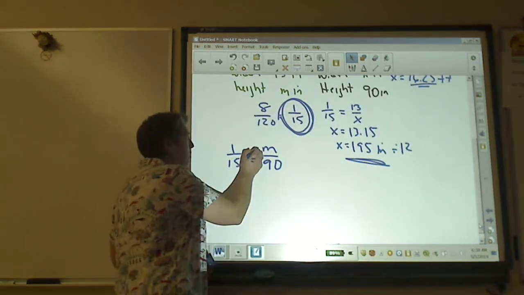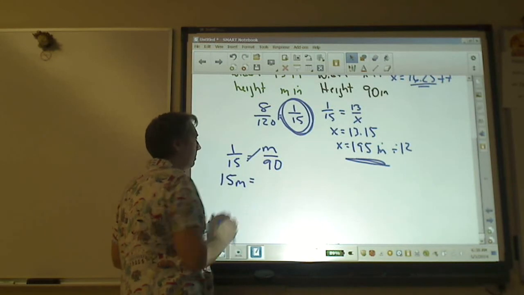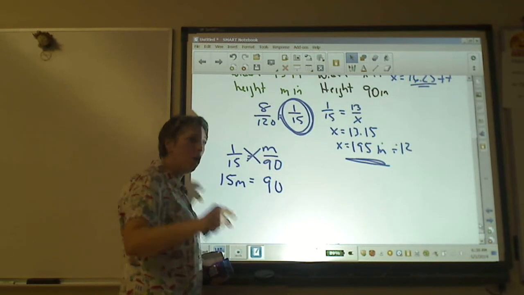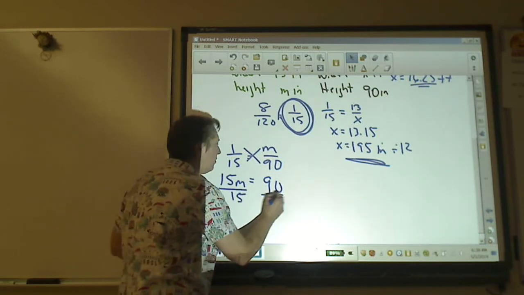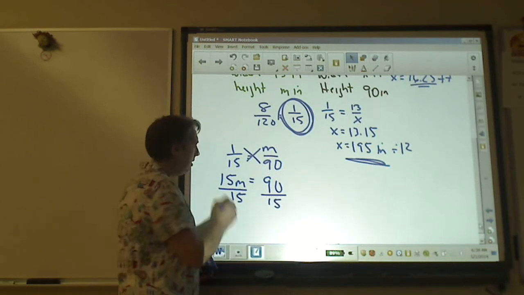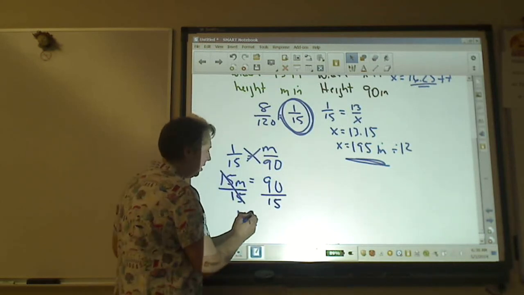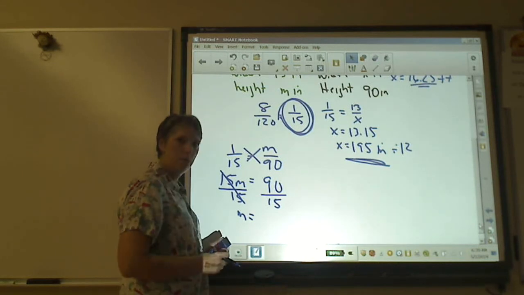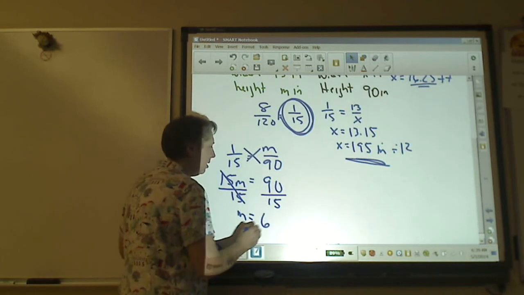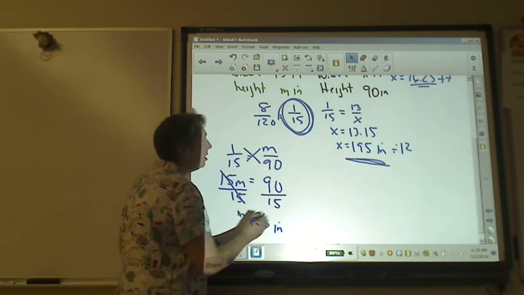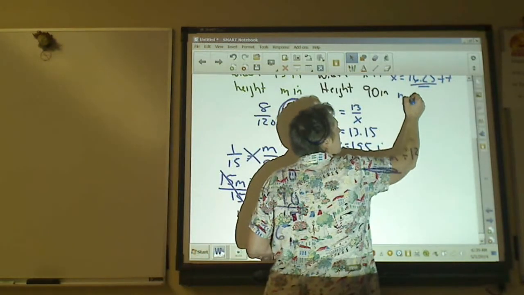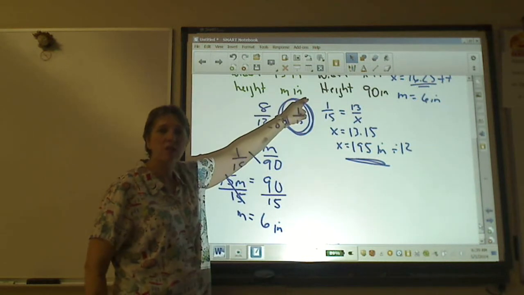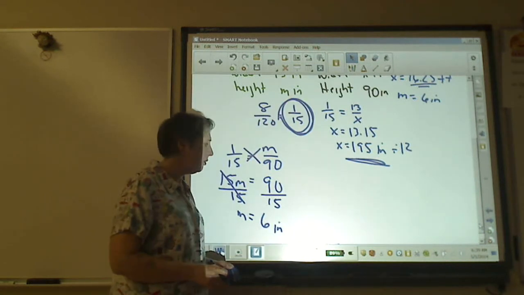So I go cross products property, 15m equals 90. Now I have to show my work. I divide both sides by 15. Remember the miniature fractions you have to make? This cancels, and m equals, well, how many times does 15 go into 90? 6. And what's the answer? 6 inches. So you come back up here and say m equals 6 inches. We don't need to convert it to feet because they want it in inches. That's what you do. Okay?